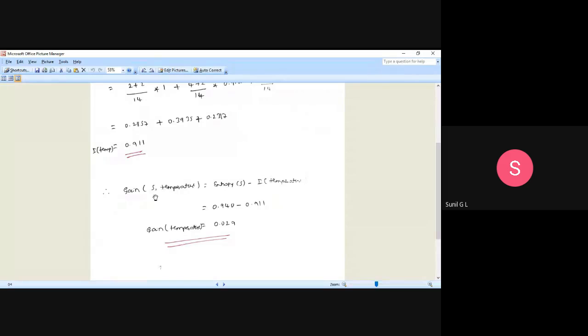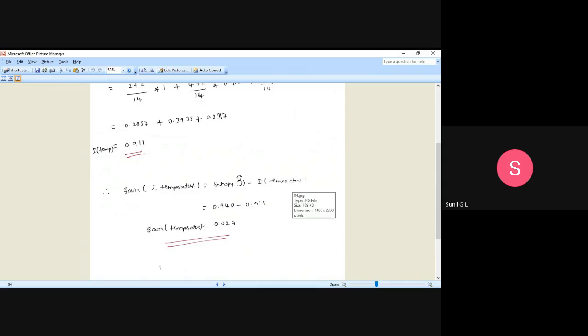Now I need to calculate the gain of the whole data set with the temperature. How do you calculate it? The gain of the whole data set with the temperature is the entropy of the whole data set minus the average information gain of temperature.